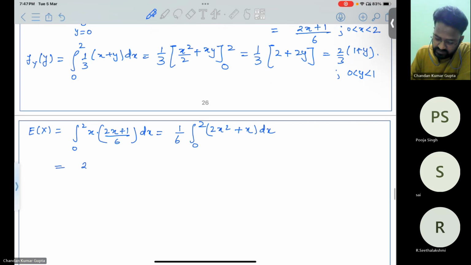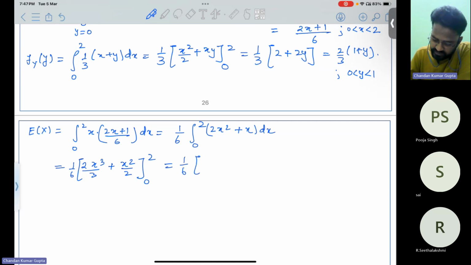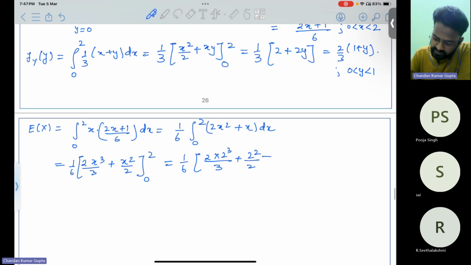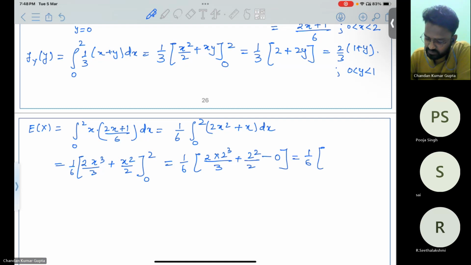Which is like 1 by 6 times 2x cube by 3 plus x square by 2, from 0 to 2, which is equal to 2 into 2 to the power 3 divided by 3 plus 2 square by 2 minus 0. This is like 16 upon 3 plus 2.